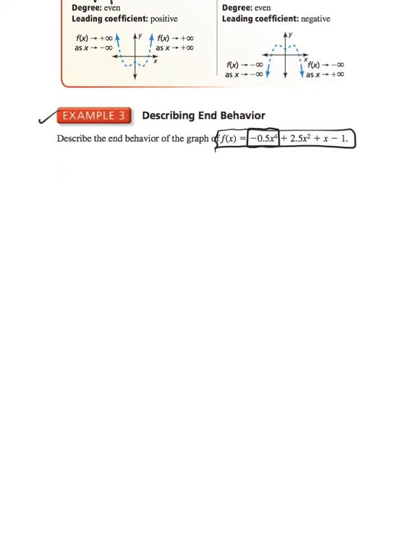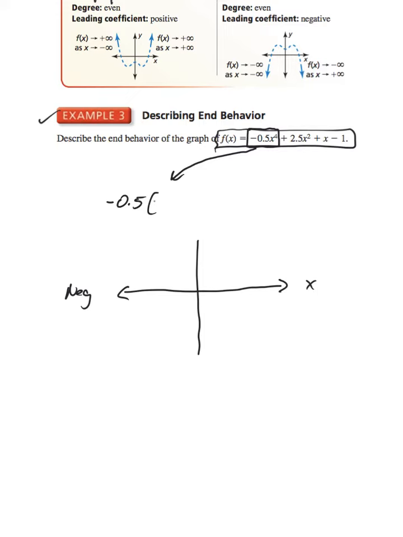So the idea is, let's see what happens when we put in, maybe not the number infinity because it's not a number, but let's just put a big number in and get a sense for what's happening to the y value. So let's say I plug in negative 1,000 for x for the first term. I'll get negative 0.5 times negative 1,000, not infinity, but a big number nonetheless, to the fourth.